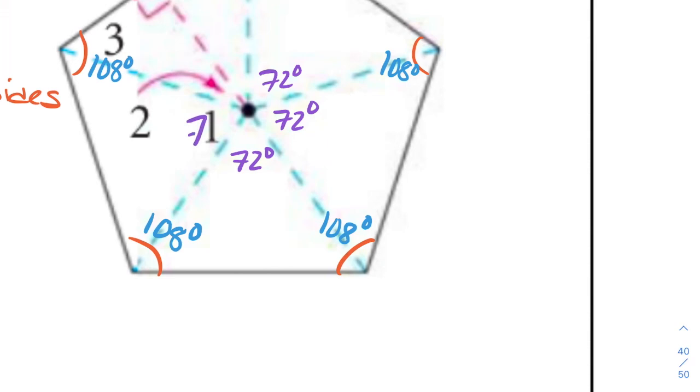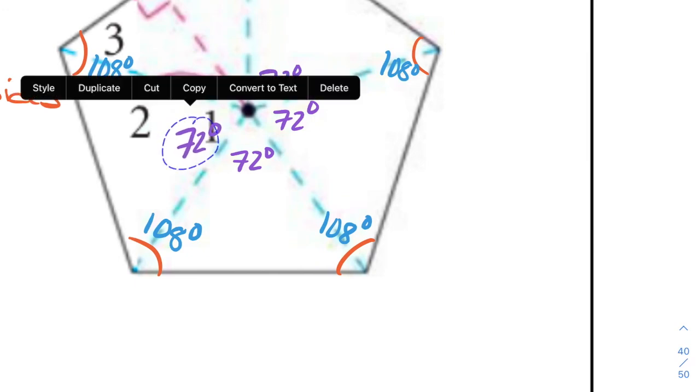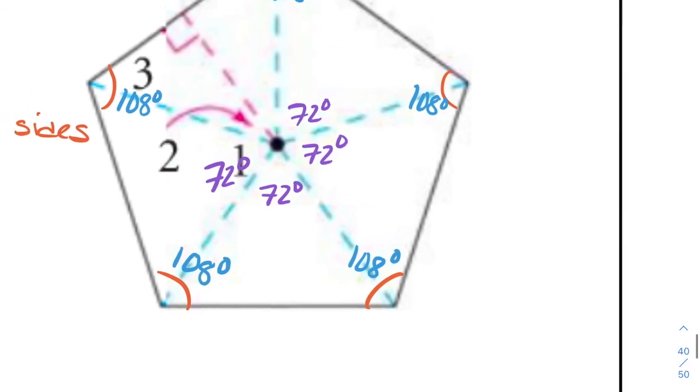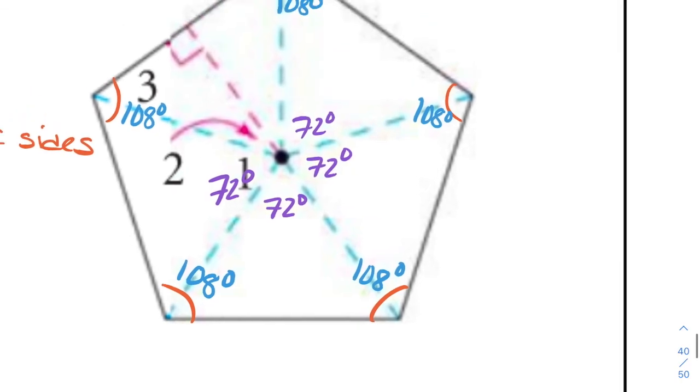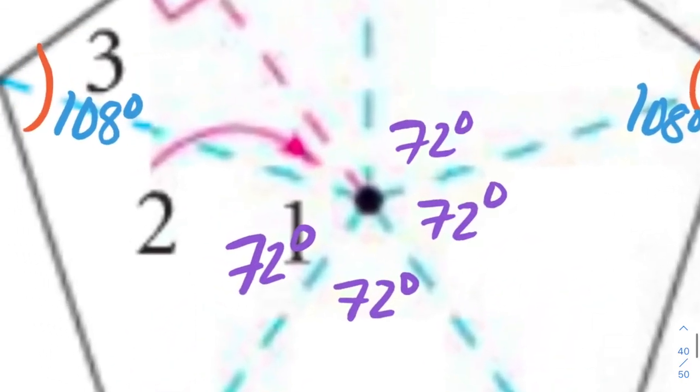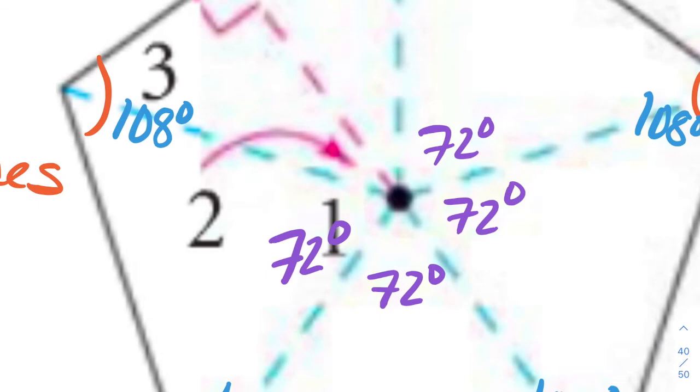So angle 1 is going to be 72 degrees. Okay. So now let's take a look. This one looks like it's split up. So instead of 72, I'm going to divide it by 2. So 36 and 36.